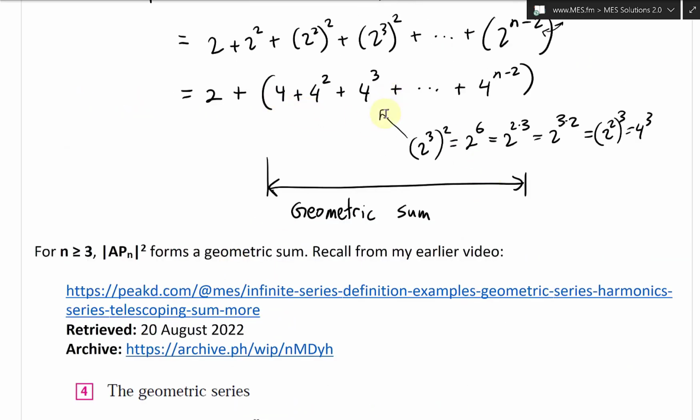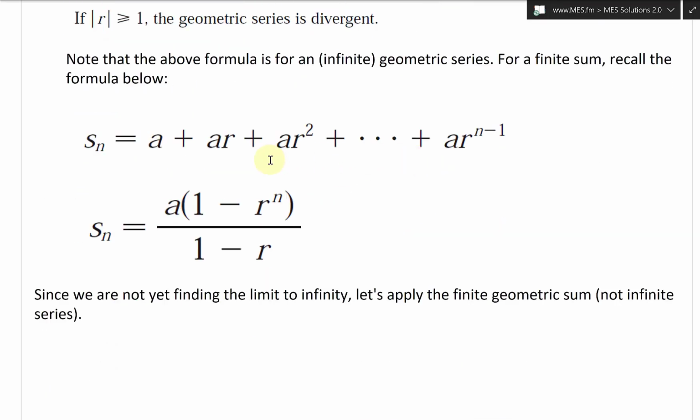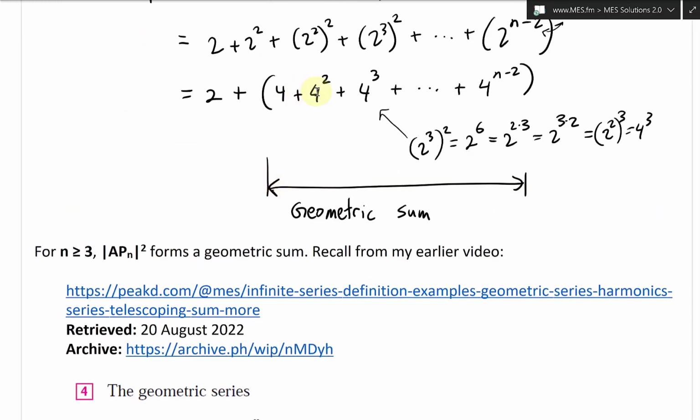So in our case, a is 4 and r is 4. So r squared, r cubed, etc. Same thing here, a plus ar plus ar squared, and it keeps going on and on. Let's write this out. So a_pn squared is equal to 2 plus 4 plus, and here I'm going to break this apart, 4 squared.